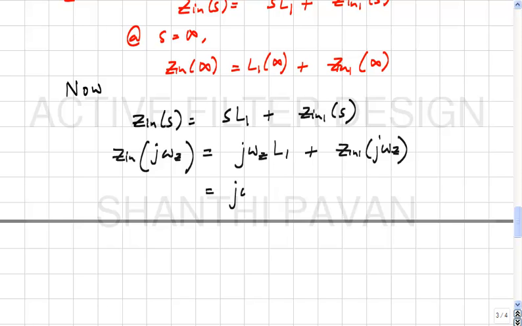So J omega Z times L1 must be equal to Zn evaluated at J omega Z. Is this clear?